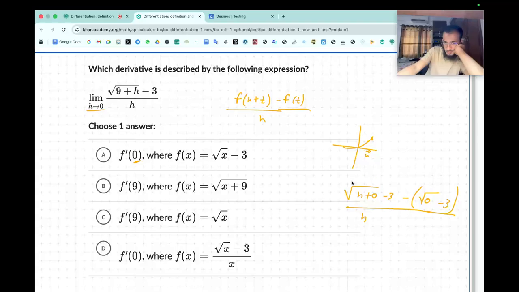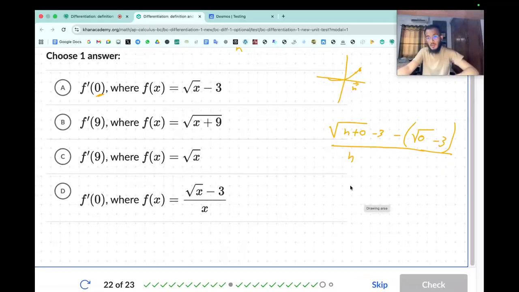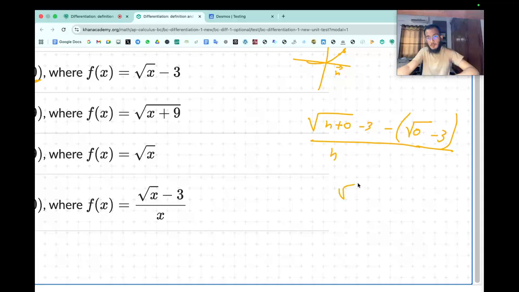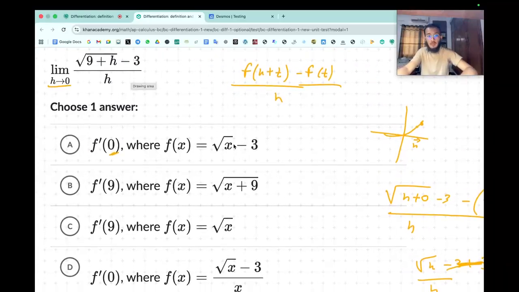Okay, entire expression h plus t, so h plus 0, entire expression h minus 3. So what do we get actually? It's root h minus 3 minus 3, because this is 0, minus minus is plus actually. So we're only left with root h, but this doesn't match what we have here, so this can't be our answer.